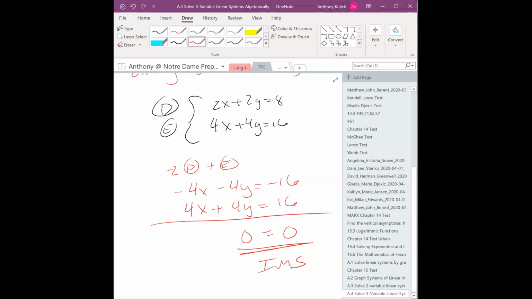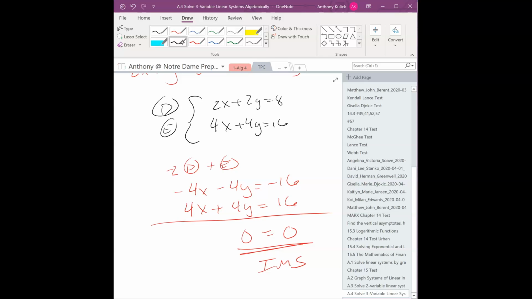So what I'm going to choose to do is I'm going to rewrite this infinitely many solutions as a way to find those infinitely many solutions. So this is like something called a parameterization, because we're going to write this infinitely many solutions in terms of one of the variables so we can find it.